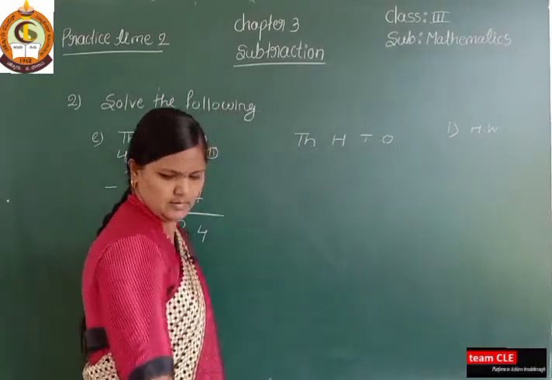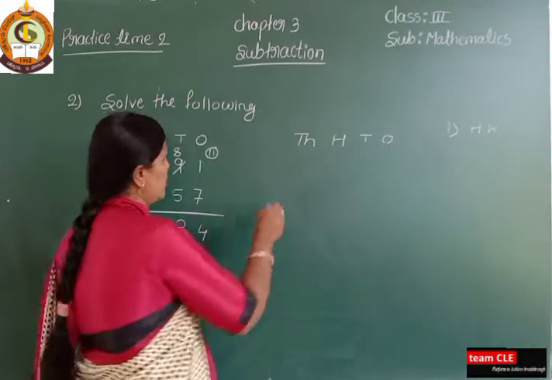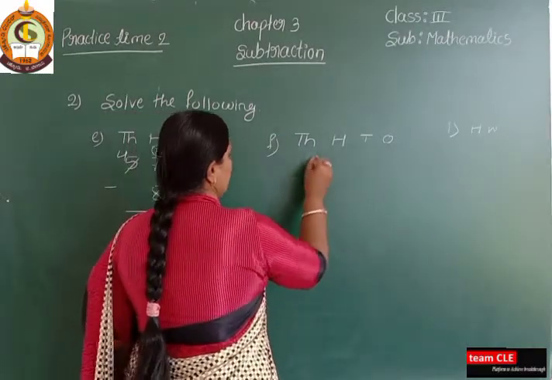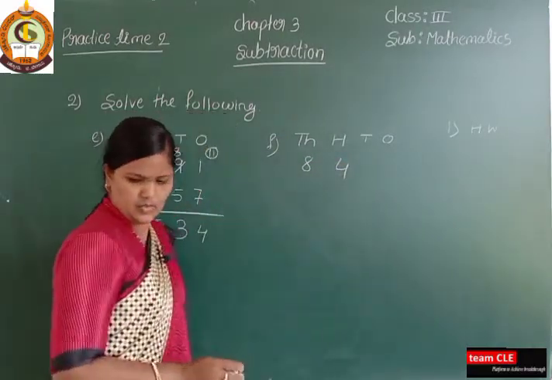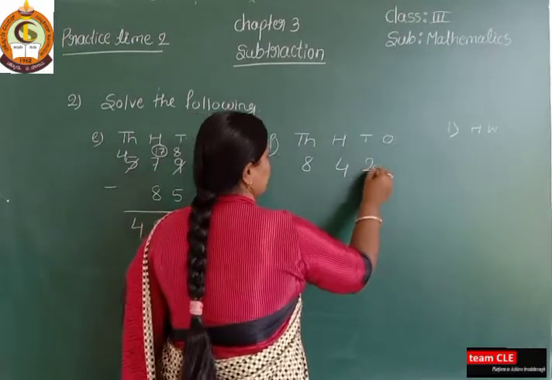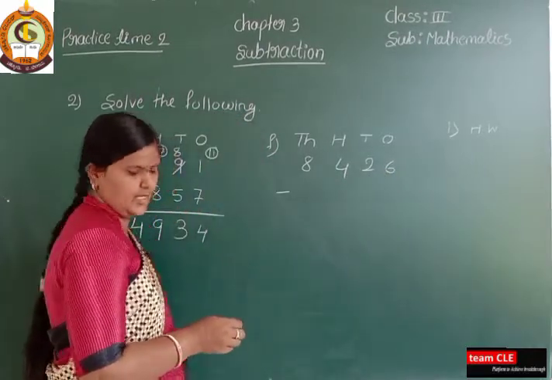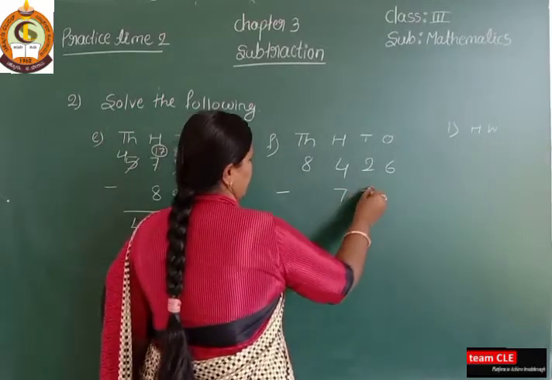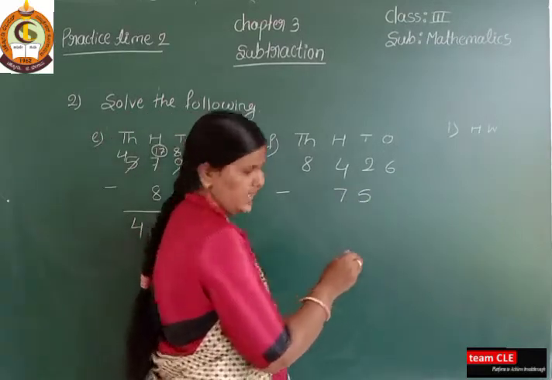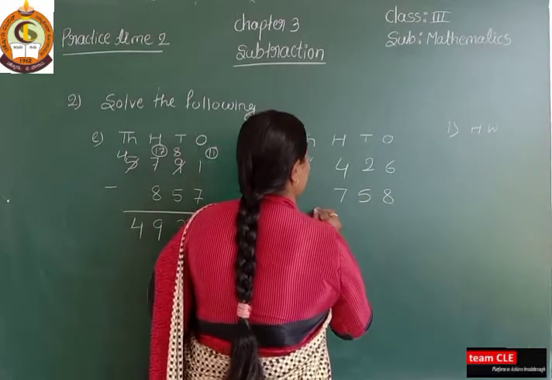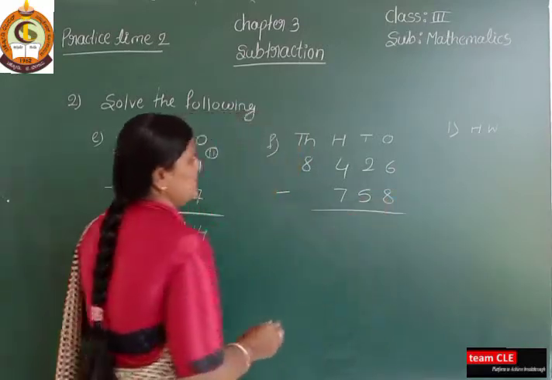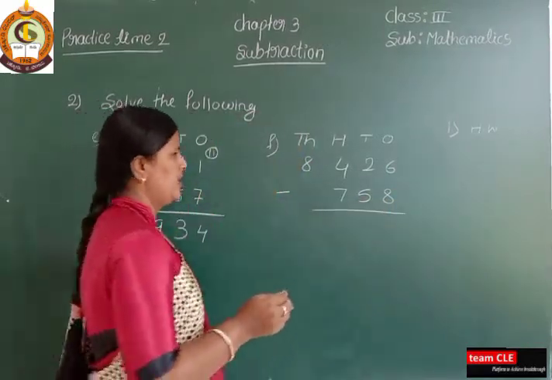F1. 8426 minus 758. 6 minus 8. 6 is less than 8, so you have to take a tens group.